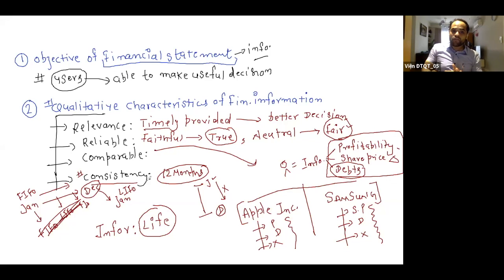That's the meaning of consistency. Throughout the period, there must be consistency in the accounting policy, rules, and methods we are adopting to calculate the value of different kinds of assets. That's very important. That's the meaning of consistency.